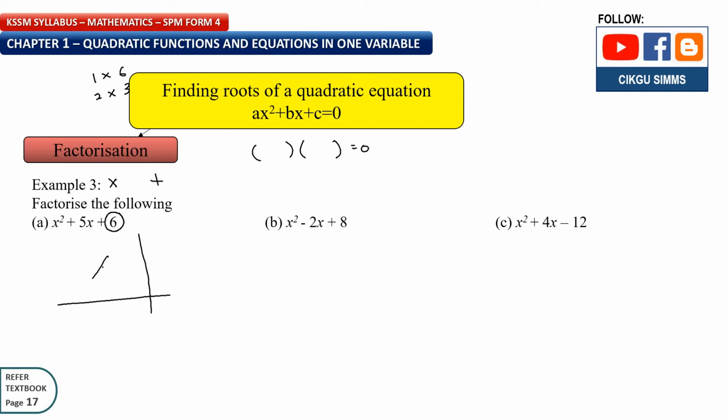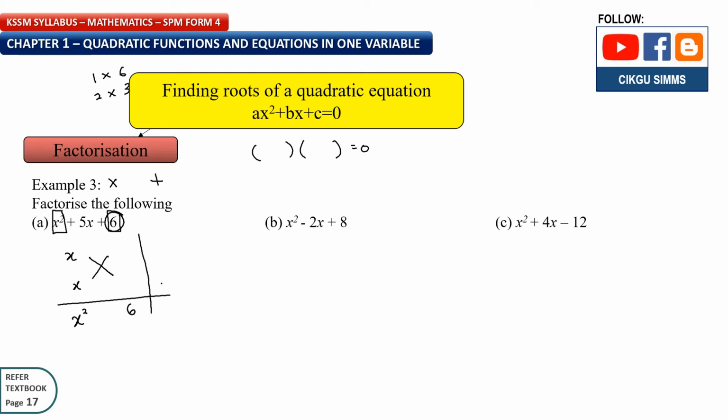You can draw this. Remember, here you multiply. The x in this row is for x squared. This row is for 6. And then x times x, you get x squared, right? And then what times what, you will get 6?